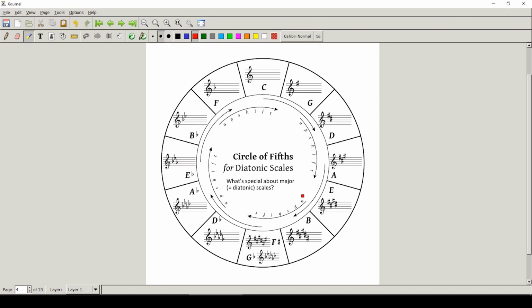Is there any relationship between negative harmony and cube dance? Yes, I think there totally is. I think that negative harmony and cube dance are really closely related to each other. They both come out of a really similar theoretical tradition, which has roots in the 19th century, specifically in a branch of German music theory called harmonic dualism, associated with theorists like Hugo Riemann.